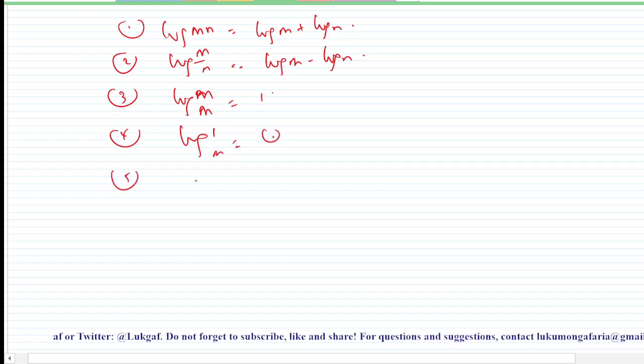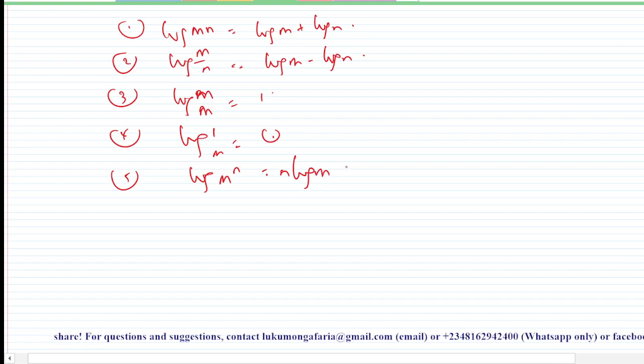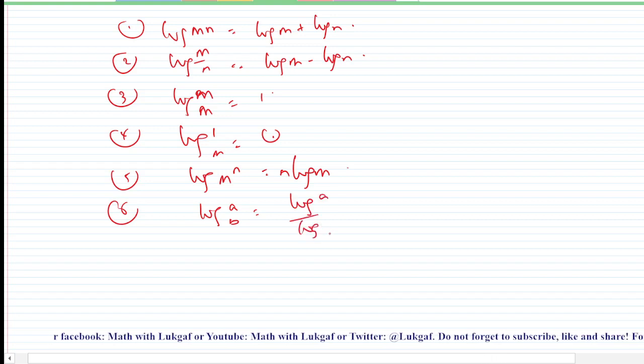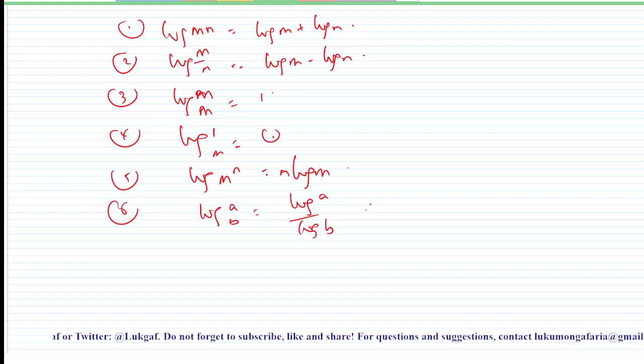The power law is that log m raised to power n is the same thing as n log m. And the last one I derived in the last video was that when you have log a base b, you can change the base, same thing as log a divided by log b.